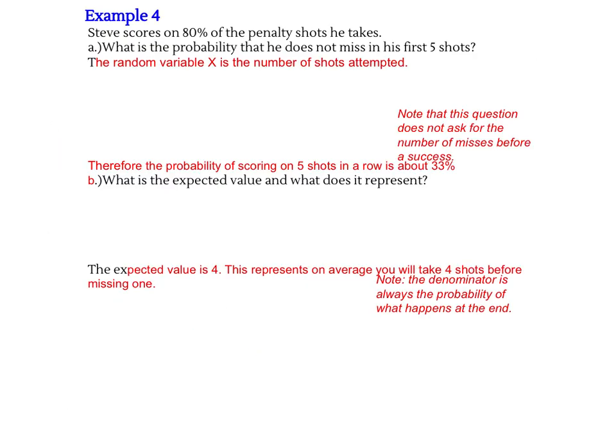In this next example, there are some double negatives. Steve scores on 80% of the penalty shots that he takes, which means he only misses 20% of the time. So what is the probability that he does not miss in his first 5 shots? This is just asking what is the probability that he is successful in his first 5 shots.